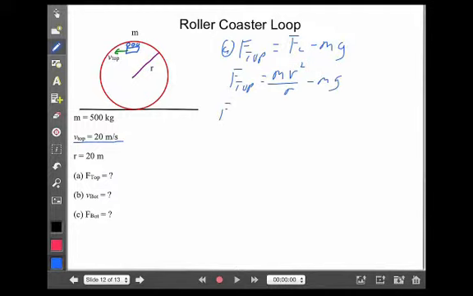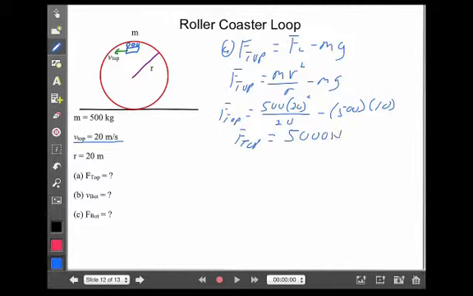And then this is kind of nice and easy because we know all the numbers. All we got to do is plug it in. Mass is 500, velocity is 20 squared, radius is 20, minus 500 times gravity is 10. And we get a force of 5,000 newtons acting on the car at the top of the circle. Okay, pretty easy to start, right?